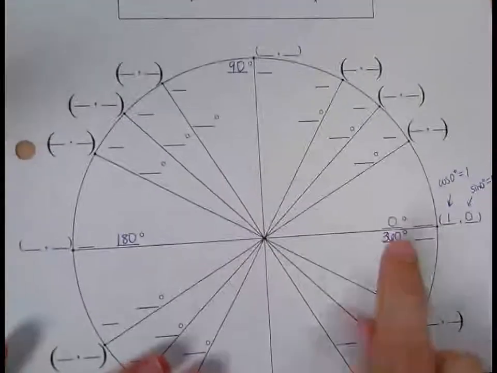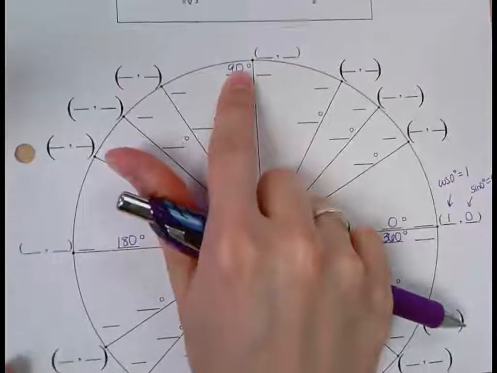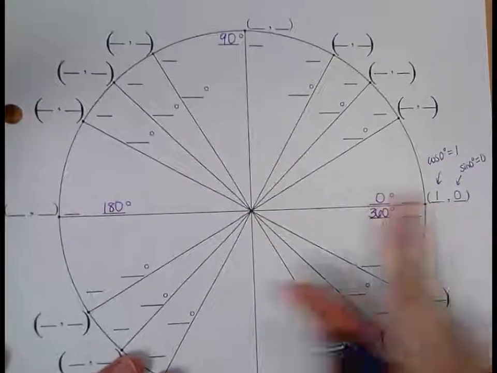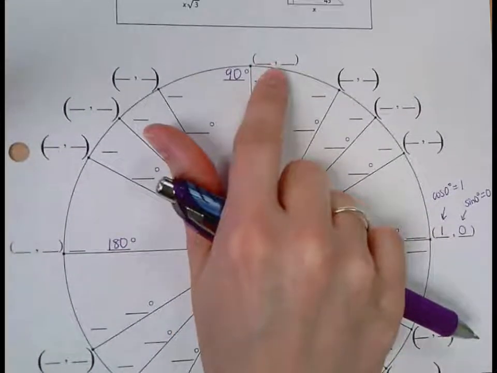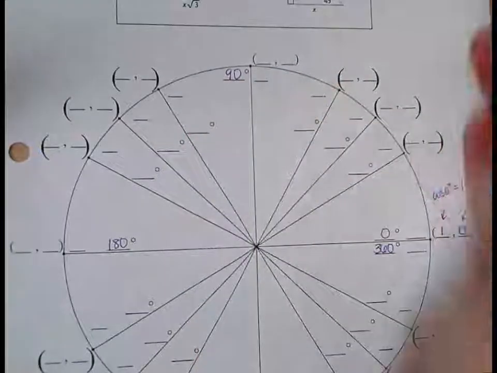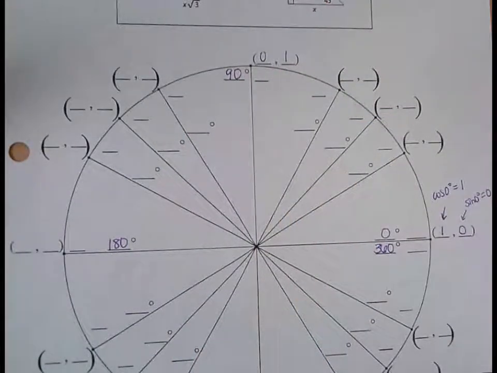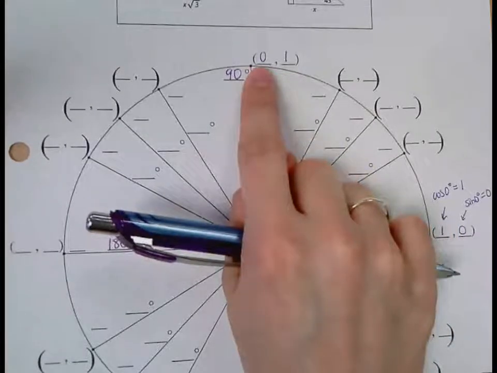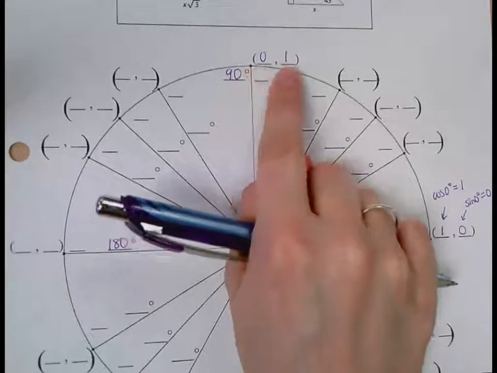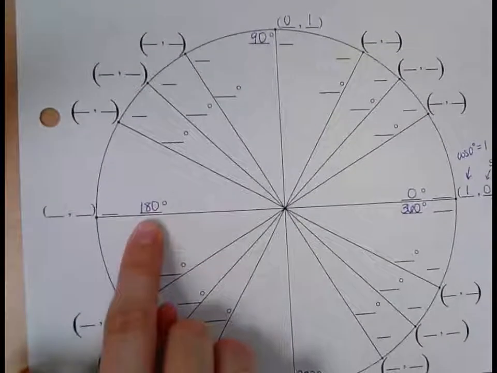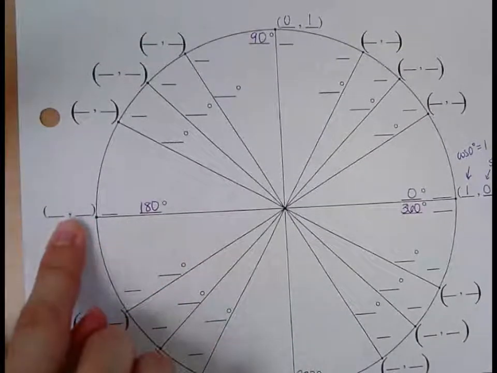So then going up to 90 degrees, anyone, if this had coordinates 1, 0, what would the coordinates at 90 degrees be? 0, 1. Yep. Okay, so I'm not going to write this by every one, but this means cosine of 90 degrees is 0, sine of 90 degrees is 1. At 180, what would those coordinates be?